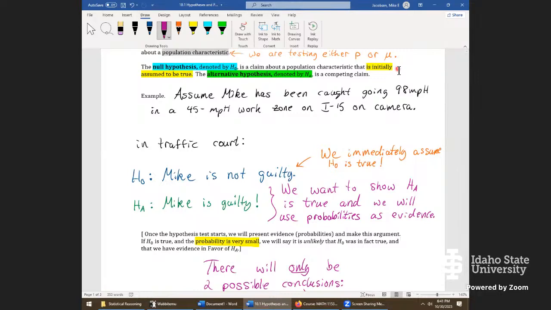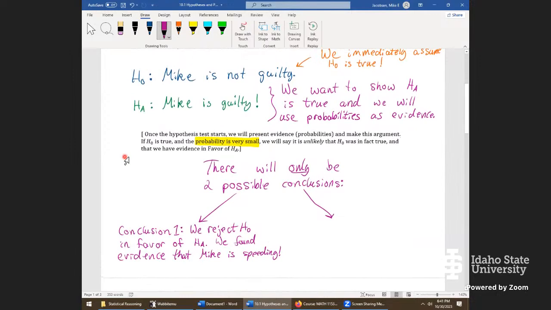But if everything fits, if we can't reject the null hypothesis, this is what we say instead. We'll never say we found evidence Mike is not guilty. The court wasn't even trying to approach that. We'll say instead, let's call this conclusion two, just for the sake of parallelism.